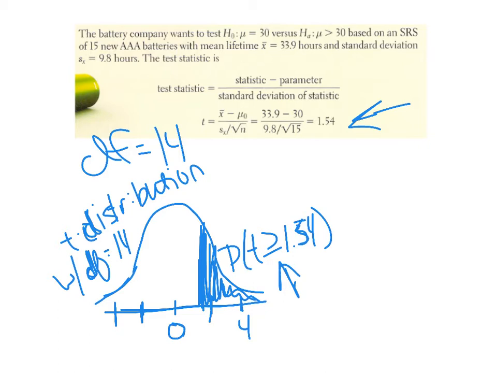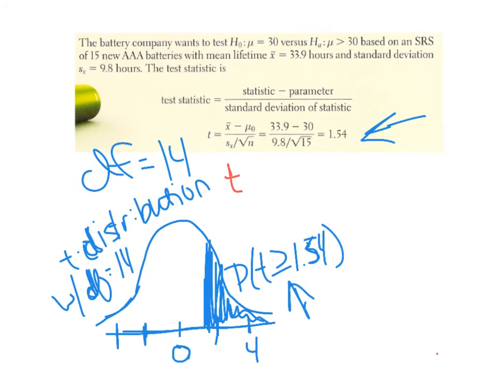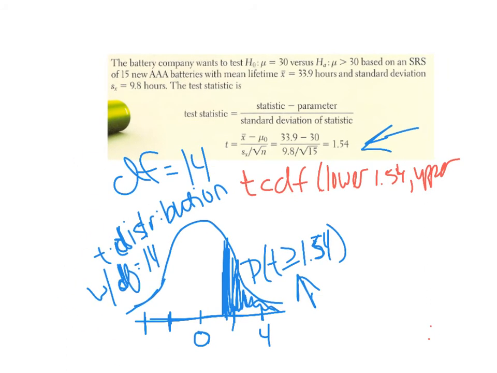And so I can plug this into my calculator. I can use tcdf, with my lower being 1.54, my upper being a big giant number, and then putting in my degrees of freedom at 14.